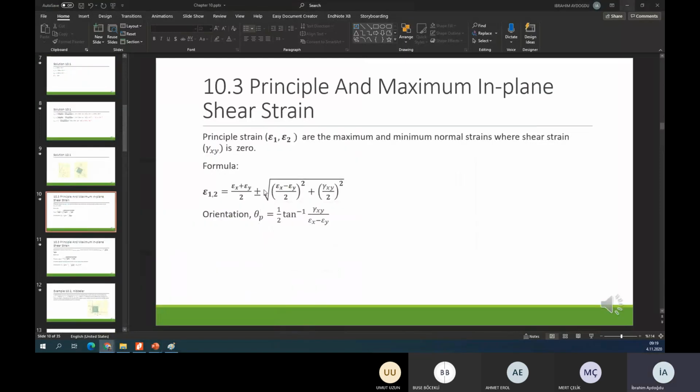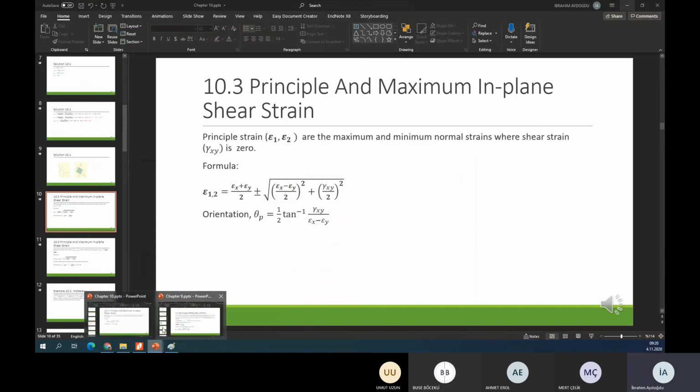is similar. Similarly, from the first equation transformation, we should write gamma xy divided by 2 for tau xy. So everything is similar to the stress transformation equation. Again, for orientation, we write one half tangent inverse of gamma xy over epsilon x minus epsilon y.